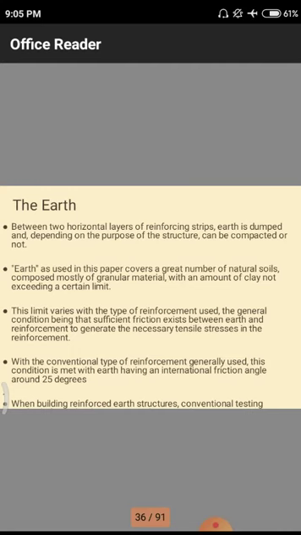The earth used in this paper covers a great number of natural soils composed mostly of granular material, with an amount of clay not exceeding a certain limit. That means we are covering a number of natural soils composed mostly of granular materials.